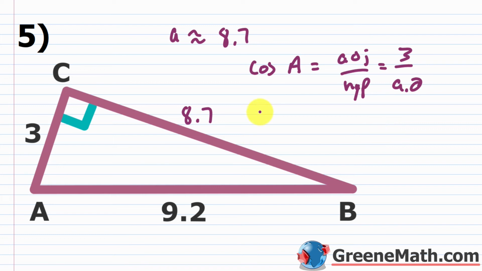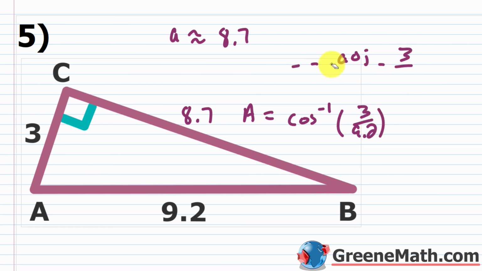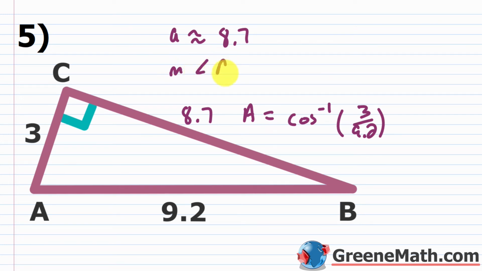So what I would do here is say that the measure of your angle A is the inverse cosine of this guy right here, so 3 over 9.2. Let's key that into the calculator. And what I get is the measure of angle A is about, I'm just going to write what my calculator gives me, 70.9685.